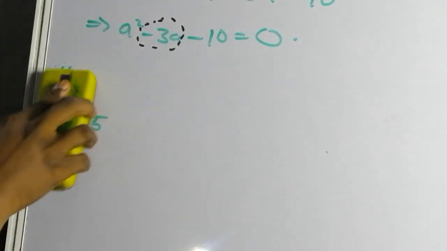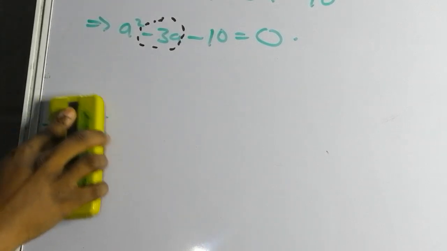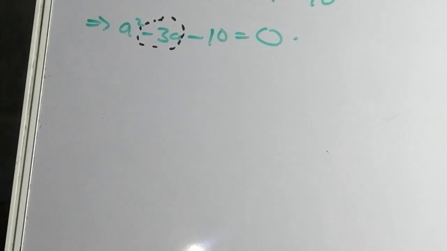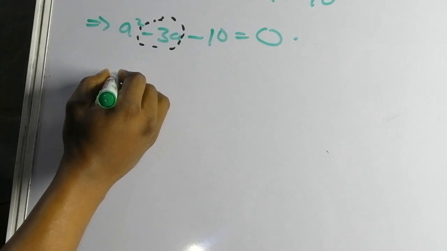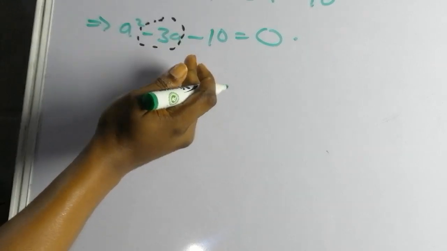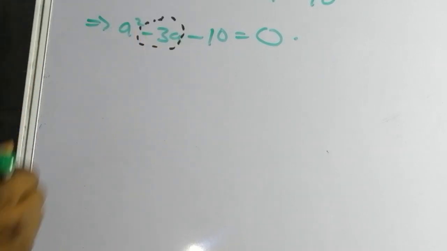That is how you get the values that you can use to get the 3a. If I want to get minus 3, since 3a is on the right-hand side, it is the owner of this sign, which is minus.